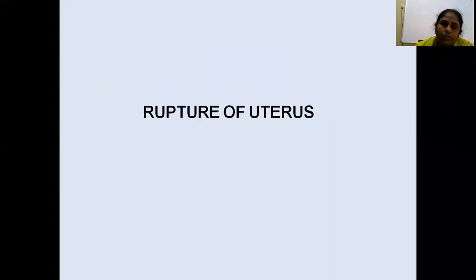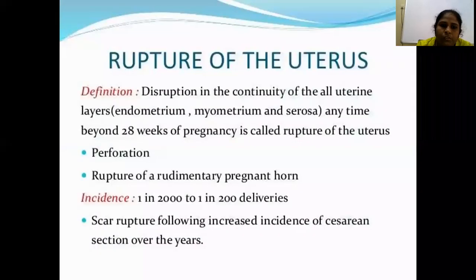Then coming to the next topic, the most common immediate major complication of obstructed labor is rupture of the uterus. Why is this important? The definition of rupture of the uterus is disruption in the continuity of all the uterine layers, endometrium, myometrium, serosa, the entire layers of the uterus are broken anytime beyond 28 weeks of pregnancy.